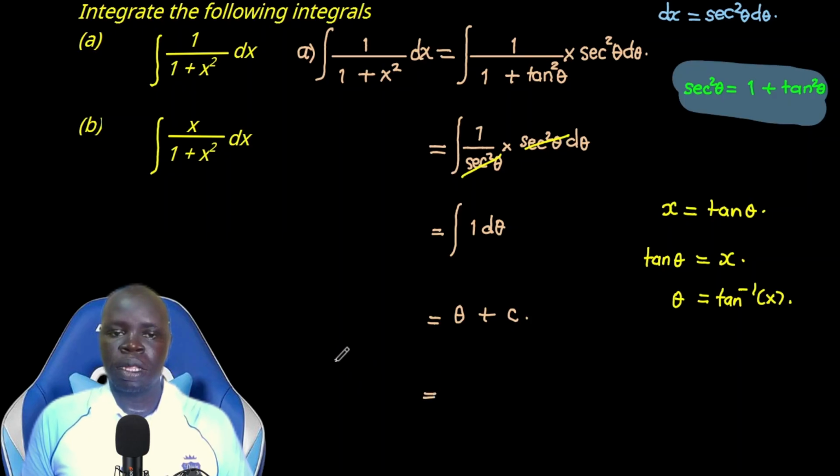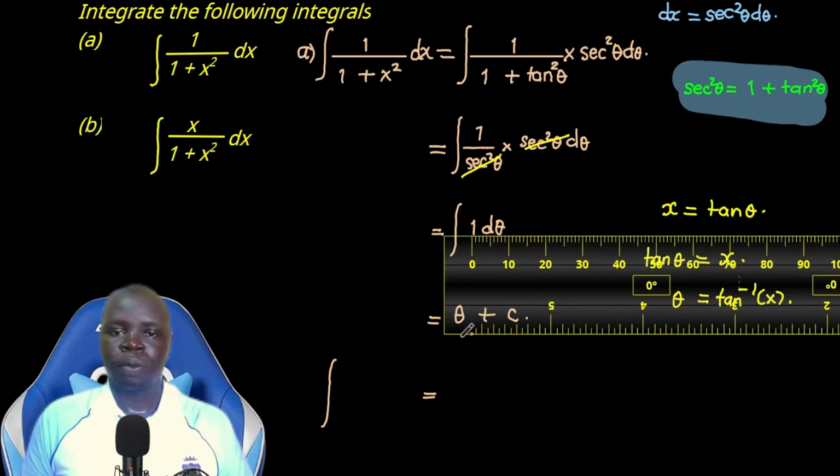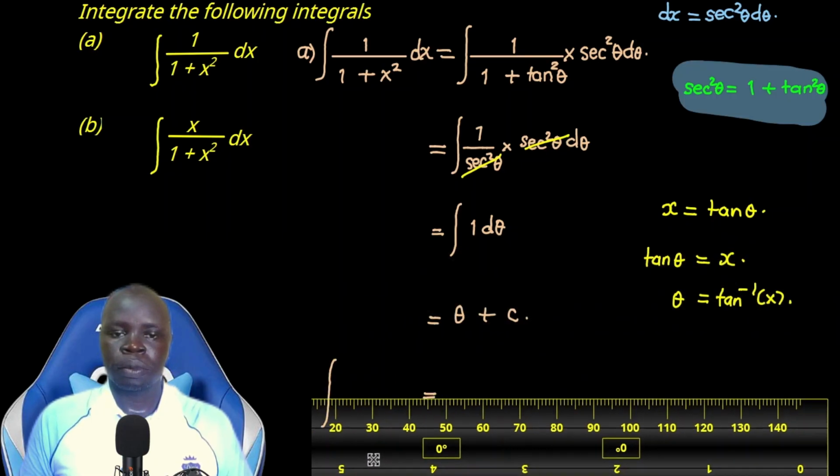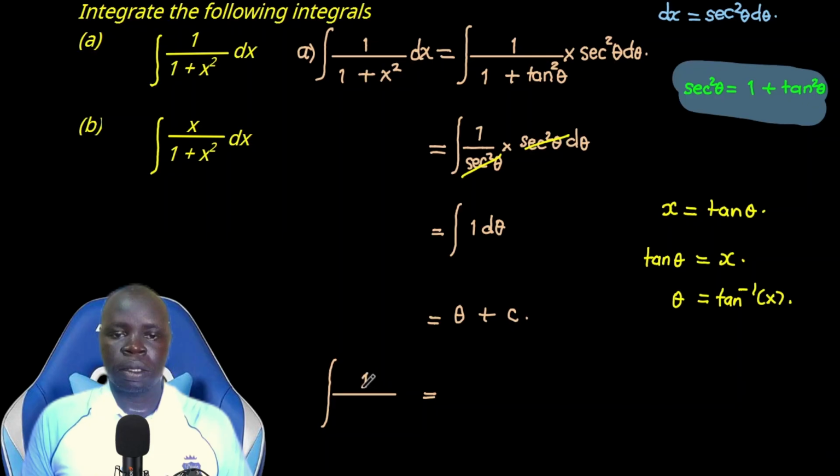So meaning the integral of 1 over 1 plus x squared with respect to x is equivalent to, instead of theta, we're replacing it with tan inverse.